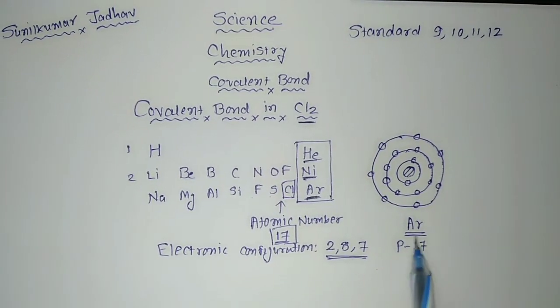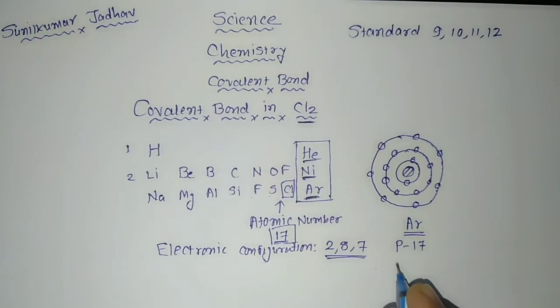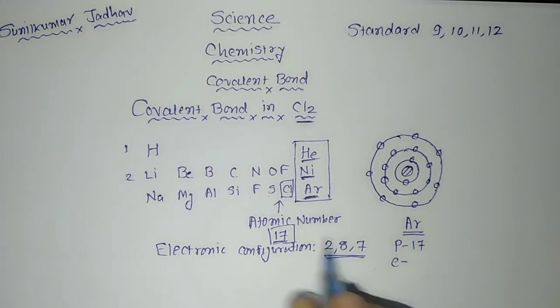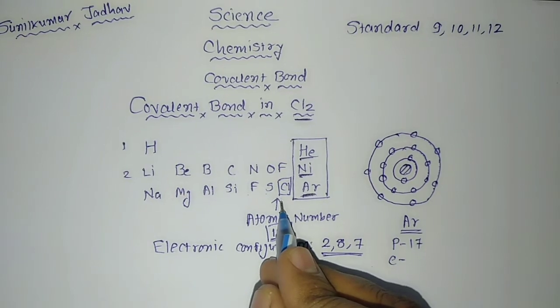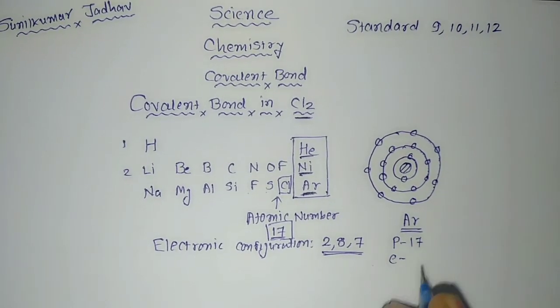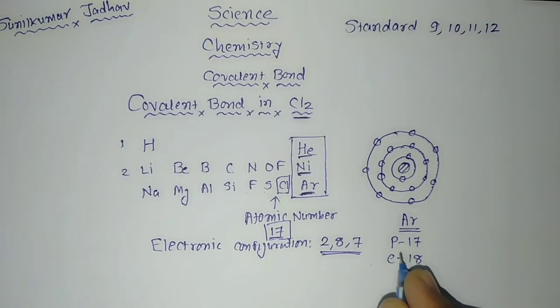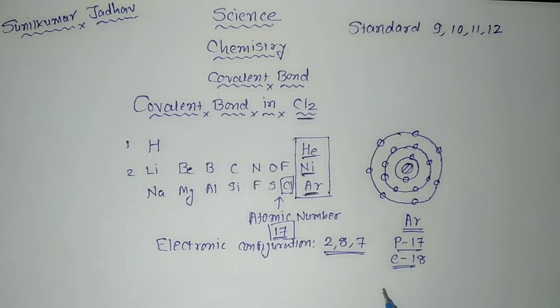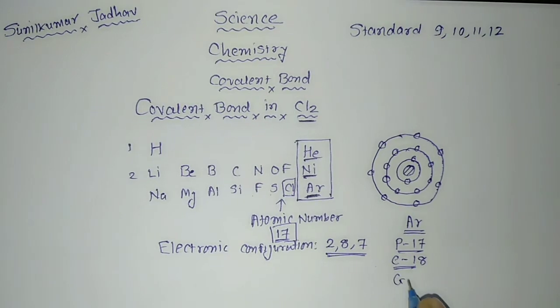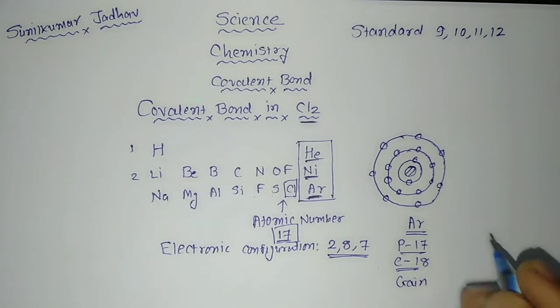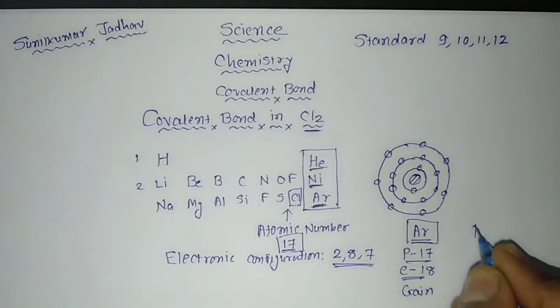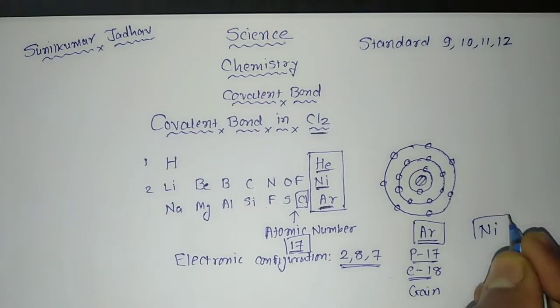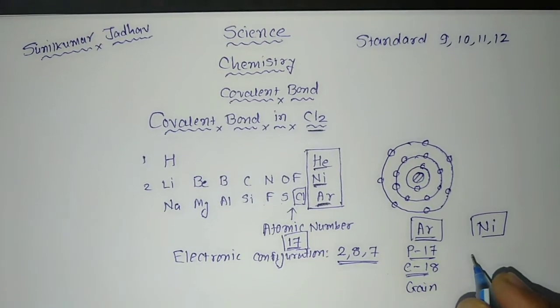If it gains one electron, the electrons become 18. So protons will be 17 and electrons would be 18 in the case of gain. If it makes its electronic configuration like neon, then what would happen?